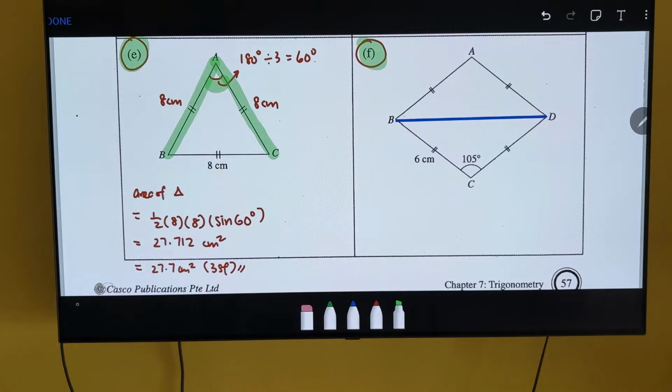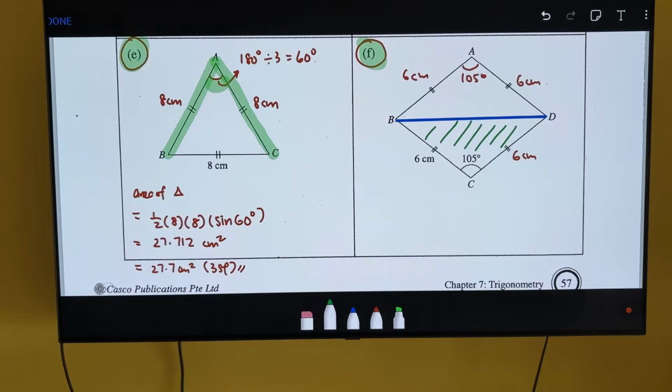And in doing so, you can see that I have formed two triangles. Two triangles that are identical. So with each side being 6 cm, and within a rhombus, opposite angles are the same. To find the area of the entire rhombus is really to find the area of one triangle first, and we multiply it by 2 to get the entire shape.